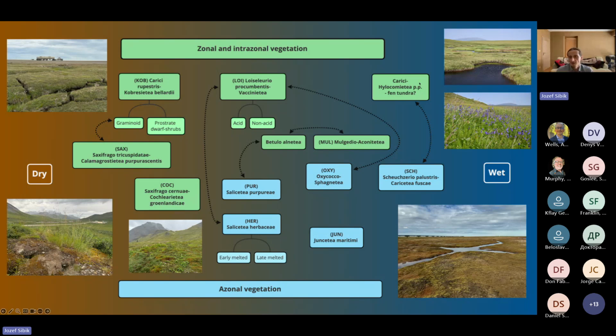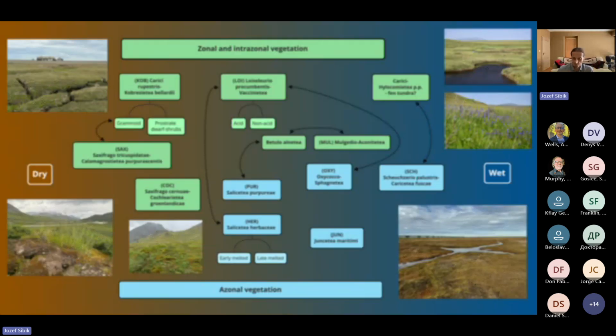But Helga is working on the concept of fen tundra, a zonal vegetation type typical for a certain part of the Arctic biome. And we can see also that there are communities that are drier, there are more wet, and there are also various types of azonal vegetation types.